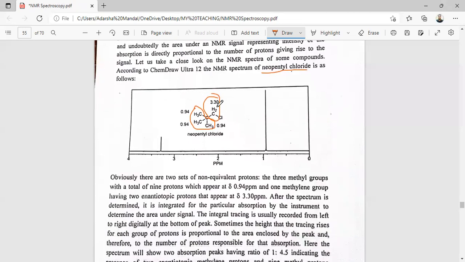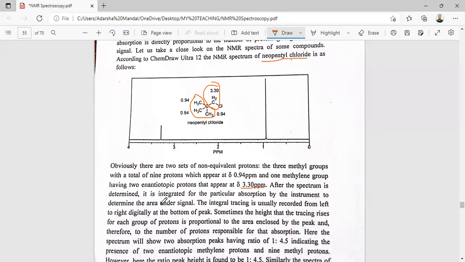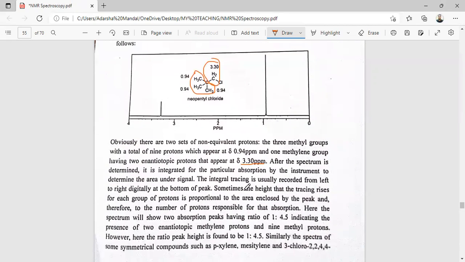So here this methyl group, a total of 9 protons, will appear at 0.94 ppm, and the methylene group having 2 protons appears at 3.30 ppm. After the spectrum is determined, the instrument is used to determine the area under each absorption signal. The integral tracing usually records from left to right, digitally at the bottom of the peak.